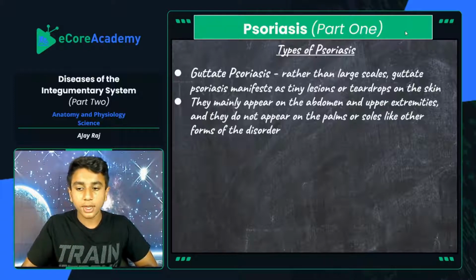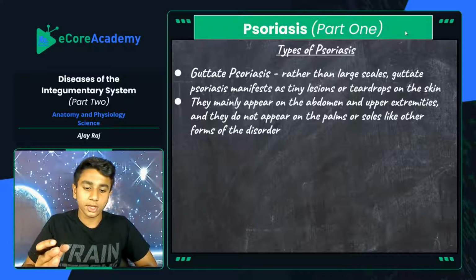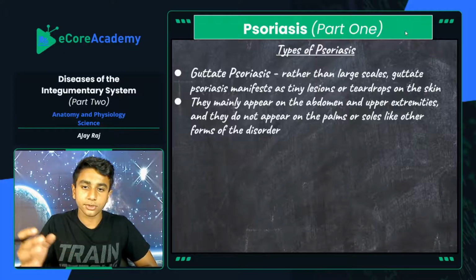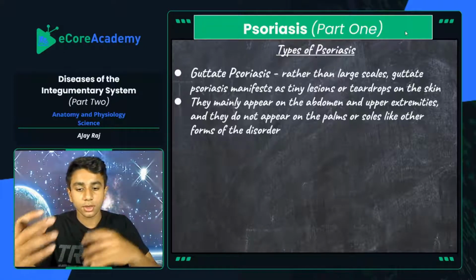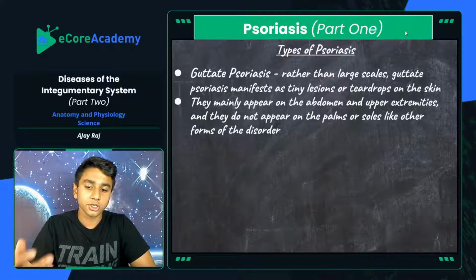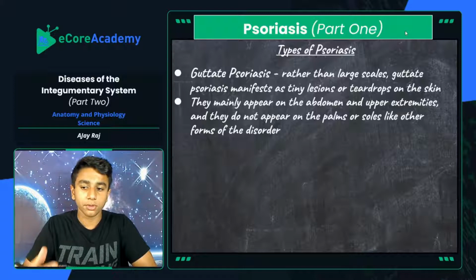However, with guttate psoriasis, it's much less formal, meaning it's going to be a gradual shift from redness and swelling all the way to the heavily affected area. So it's all going to cave into the center, and it's going to slowly digress, and it's much more easily seen. However, they are much smaller than they appear in plaque psoriasis, and they're much more difficult to identify.